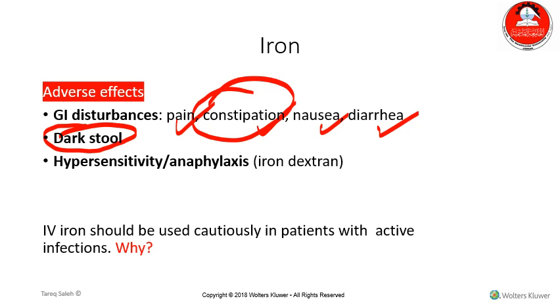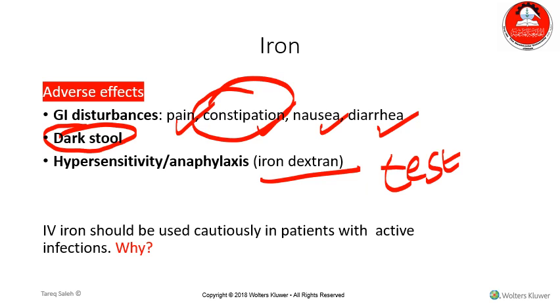In certain cases, especially with intravenous iron, fatal hypersensitivity and anaphylactoid reactions can occur in patients receiving intravenous iron, such as iron dextran, and that can be definitely life-threatening. You can avoid that by giving the patient a very small test dose of iron dextran.